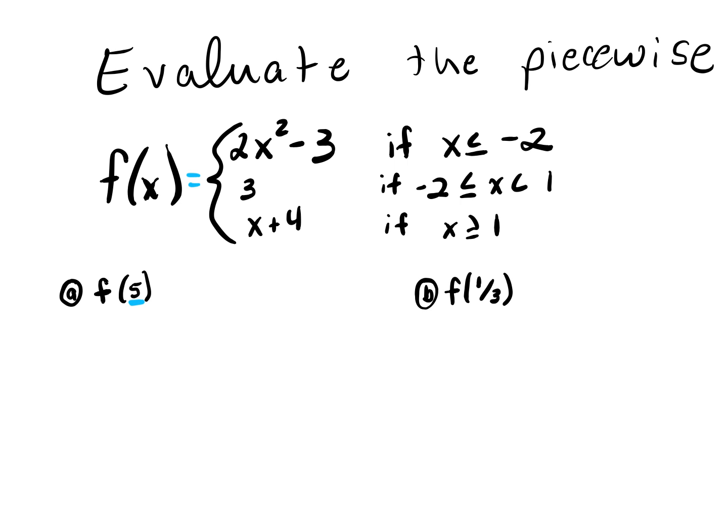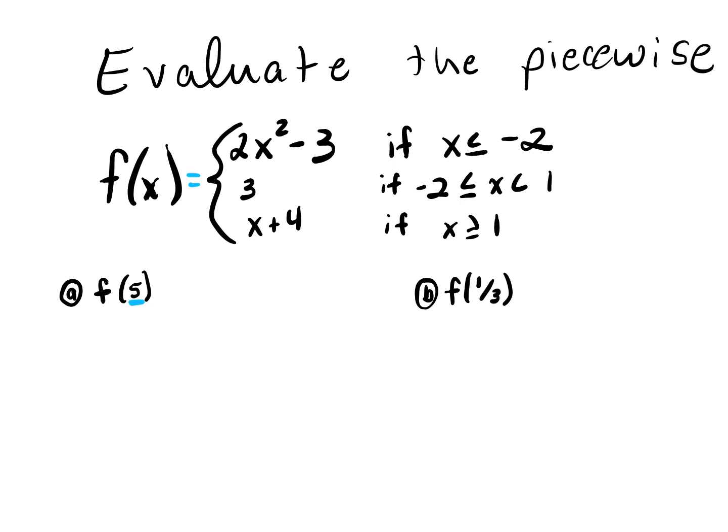So first thing I need to do is look at the right side. The right side says this piece is what we look at if x is less than or equal to negative 2. This piece is what we look at if x is in between negative 2 and 1. And this piece is what we look at if x is greater than 1. So we're looking at when x is 5. Am I looking at piece number 1, 2, or 3? 3, because 5 is greater than 1.